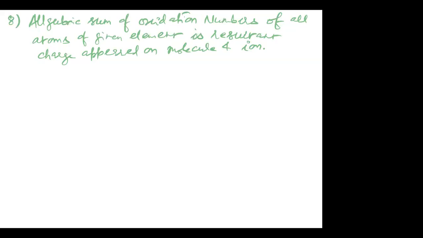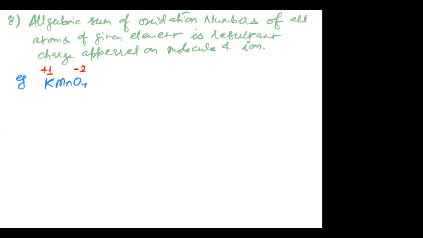For example, suppose we have a compound KMnO4, potassium permanganate. We know the oxidation number of potassium and oxygen in general. Potassium is an alkali metal, so its oxidation number has to be +1. The oxidation number of oxygen is usually -2.